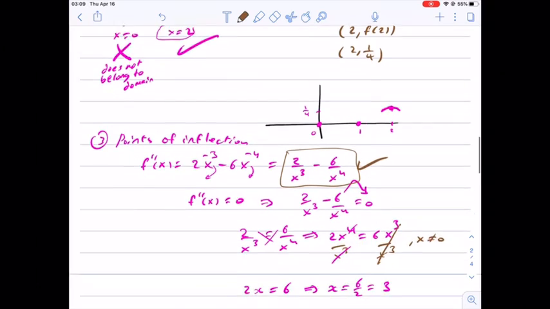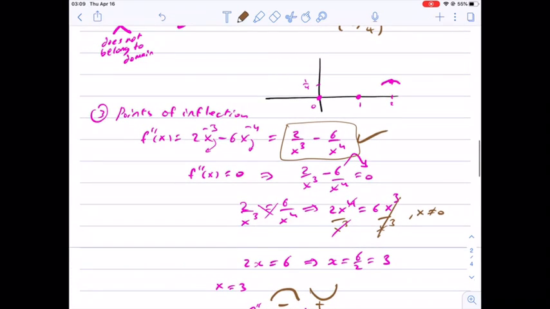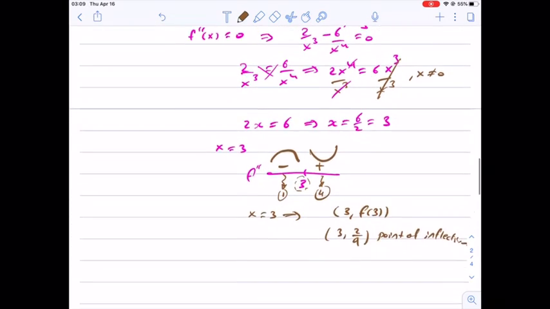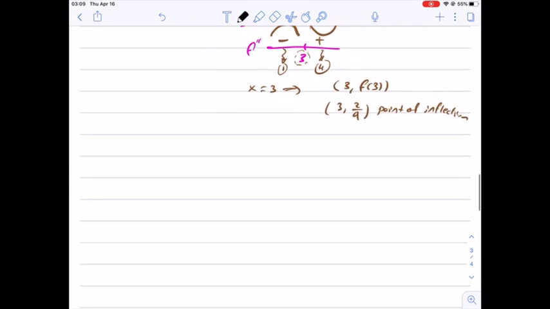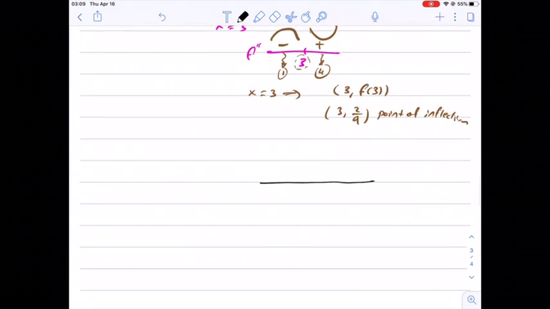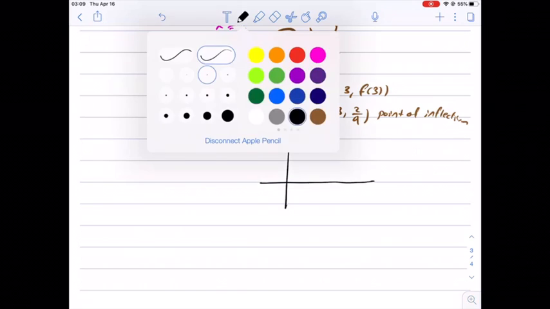The point of inflection is 3 and 2 over 9.